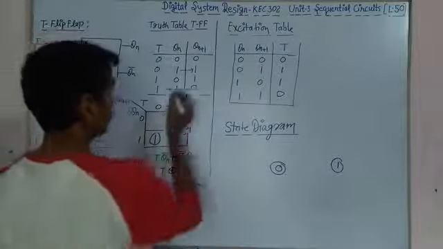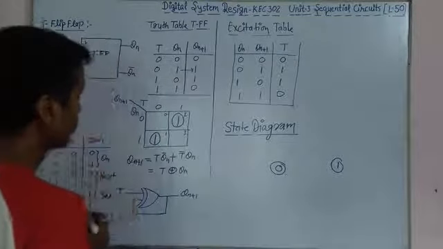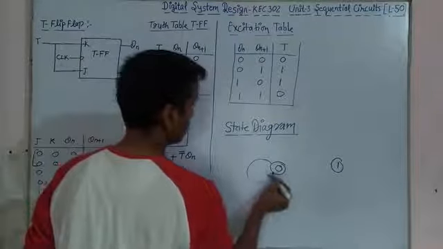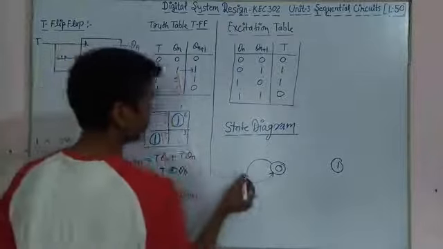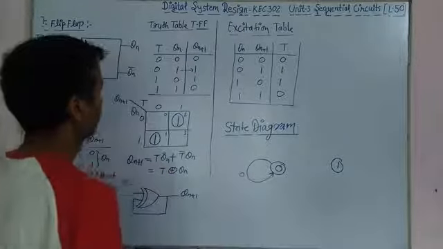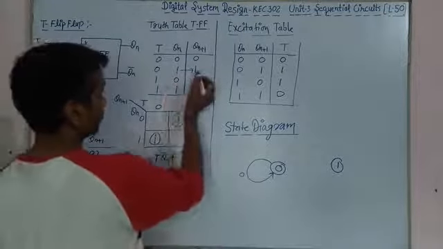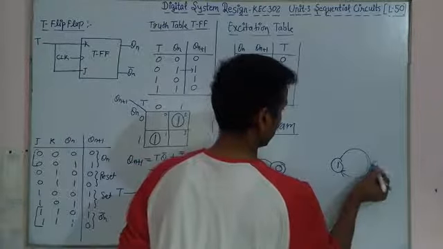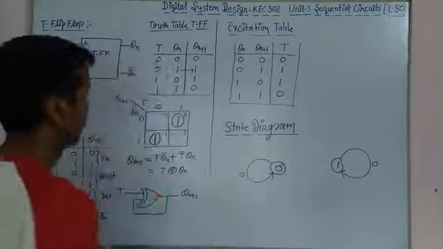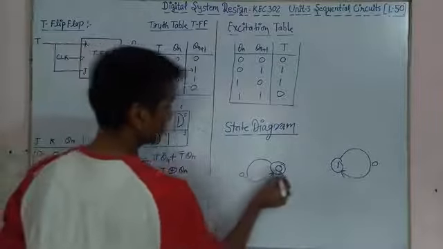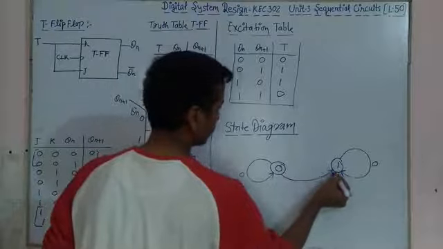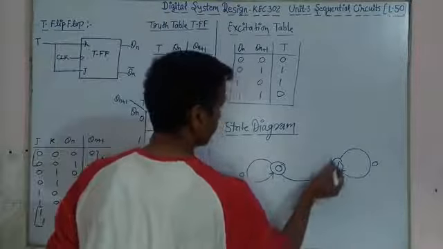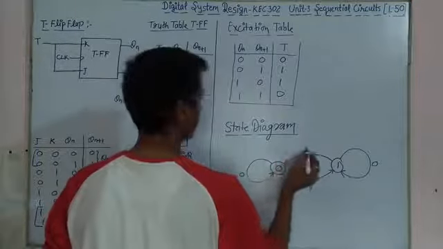Now if you are going 0 to 0, that is when T is equal to 0. If you are going 1 to 1, again T is equal to 0. And if you are going 0 to 1, that is when T is equal to 1, and 1 to 0, again T is equal to 1.